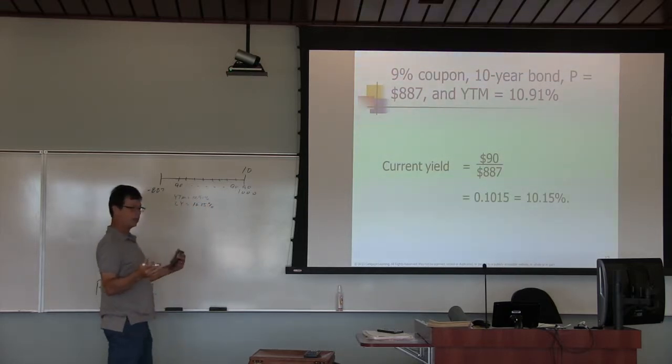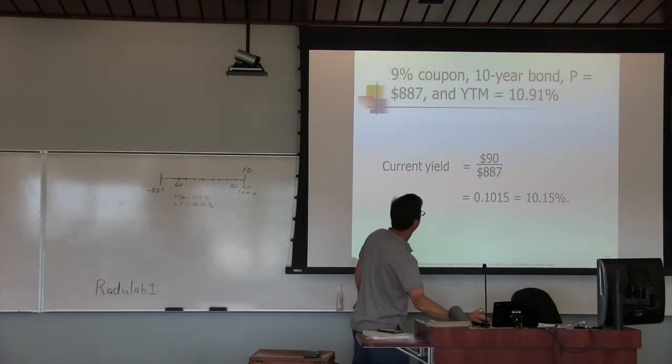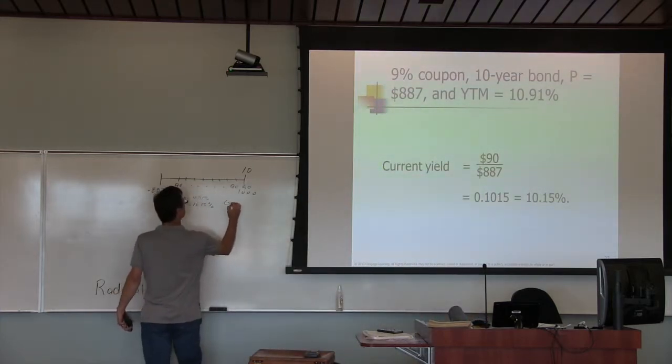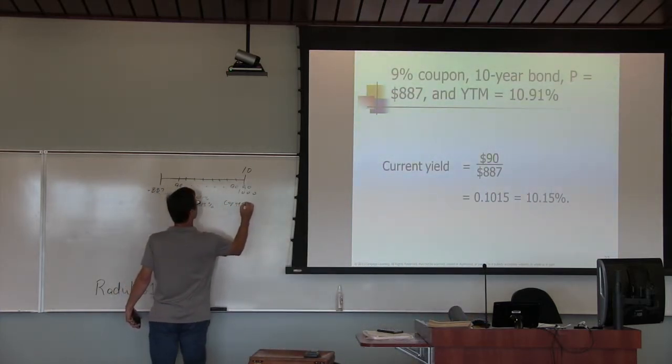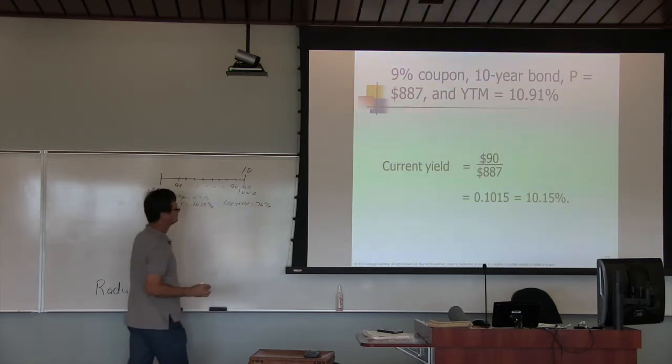And so from that, we can also back out that the capital gain yield is 0.76%.